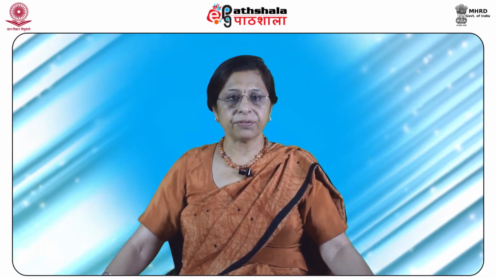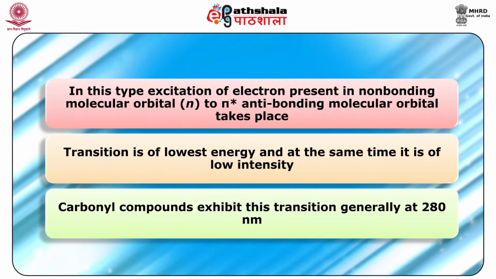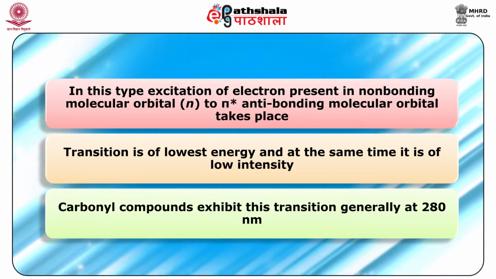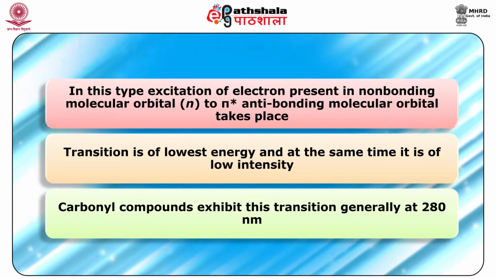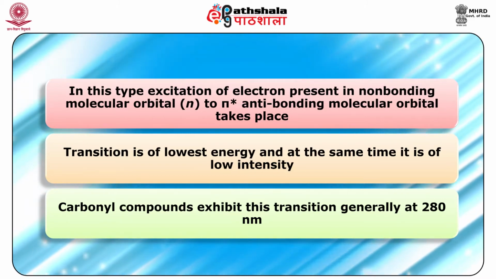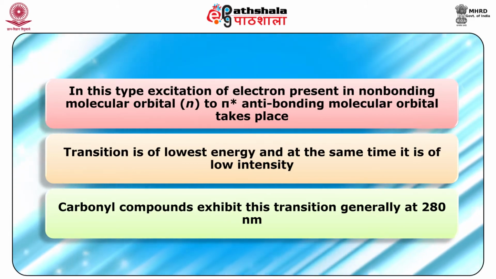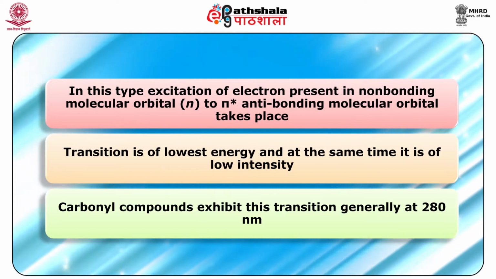Now, the next type of transitions are n to pi star transitions. This type of transition involves the excitation of an electron present in the non-bonding molecular orbital n to the pi star anti-bonding molecular orbital. This transition is of lowest energy, at the same time it is of low intensity, as it is symmetry forbidden.